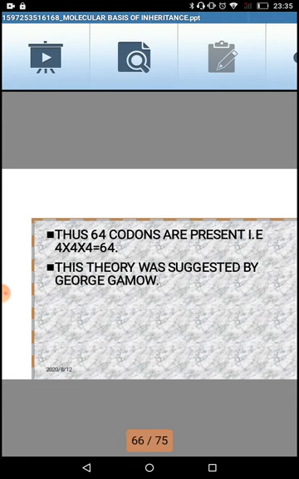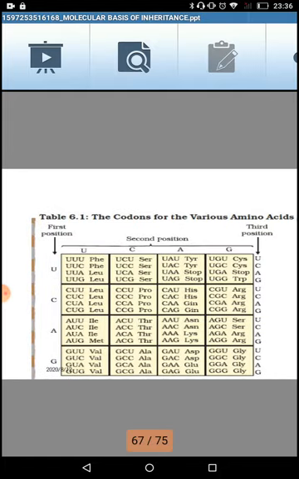So in total there will be 64 codons present. If you look into this table and total up all the triplets, they will be 64 in number. So there are 64 codons which code for some 20 amino acids. This is our genetic code.